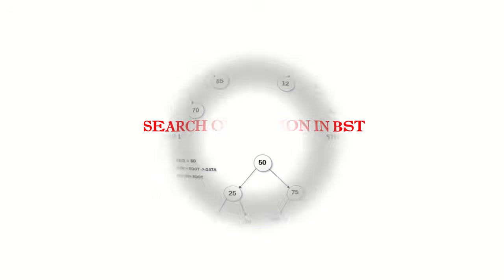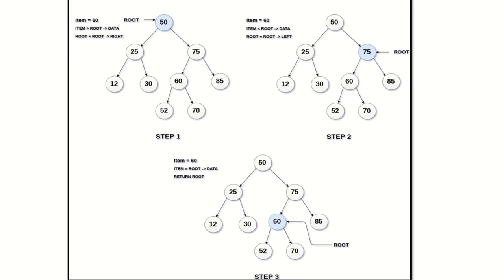So the next ADT is the search ADT. Like the procedure we followed for insertion, we follow the same thing. Imagine that the item to be searched is 60. We start searching from the root node.